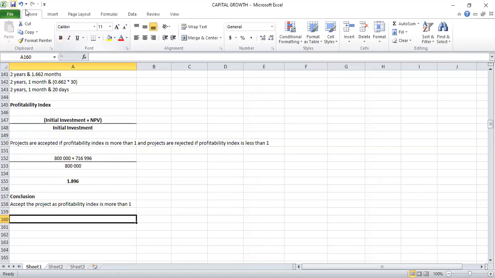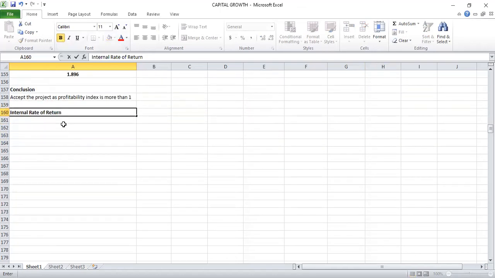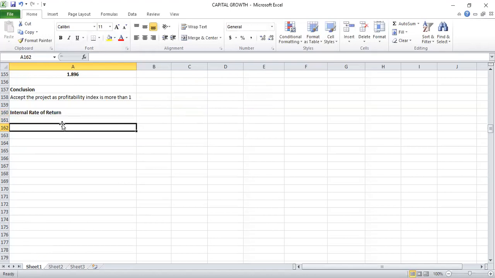Right. Then the last method, internal rate of return. The internal rate of return, we're saying a project is accepted if IRR is more than the cost of capital.